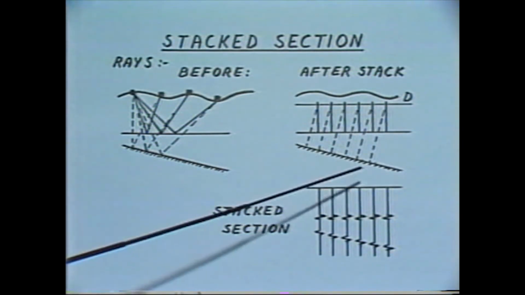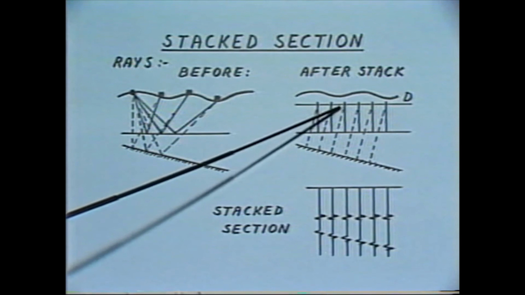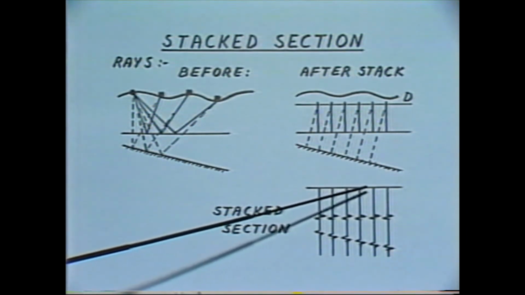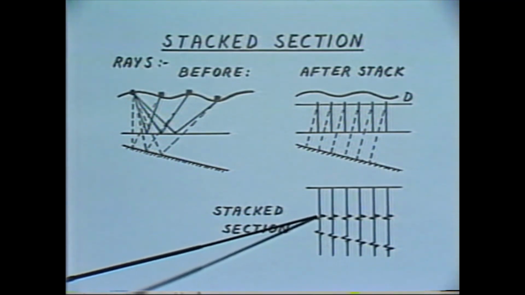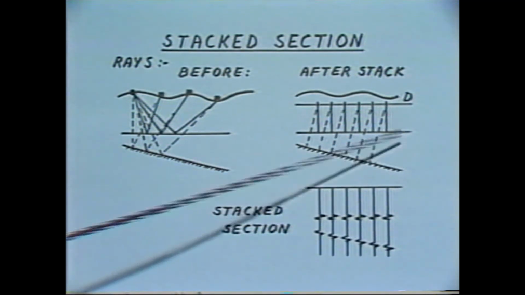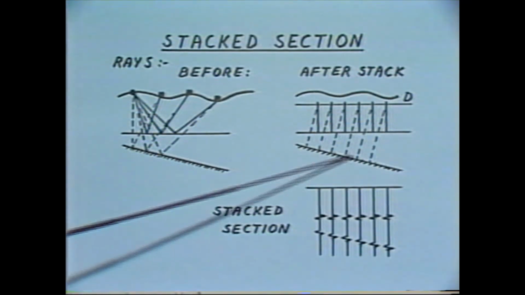So that those traces, if we displayed them, as we do, in the form of what is called a stacked section, would show reflection times such as these from two reflectors such as this, a flat one and a dipping one.